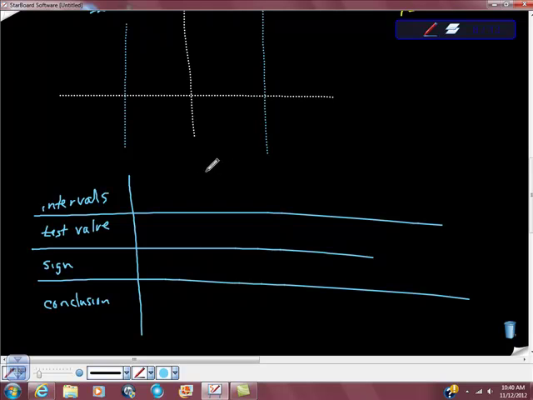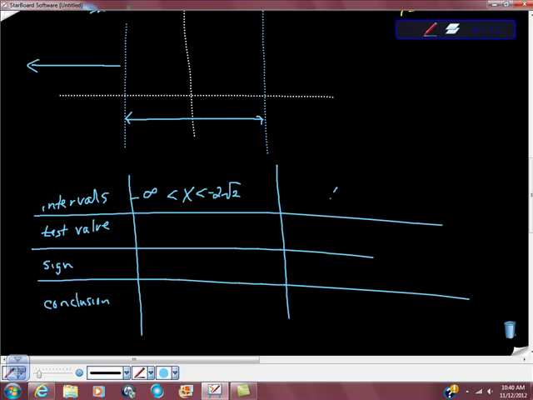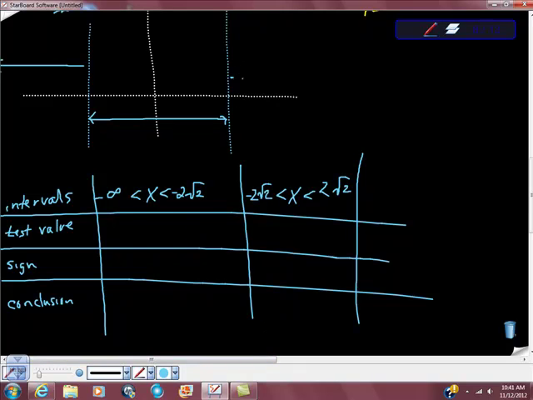So what's the first interval? x less than negative 2 square roots of 2. That's from here out, isn't it? Now we're looking for the inside interval from here to here, which is greater than negative 2 square roots of 2 and less than 2 square roots of 2. And then of course the last interval is this one over here from here out, isn't it? That's x greater than 2 square roots of 2 and less than positive infinity.